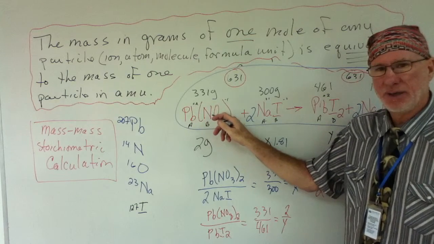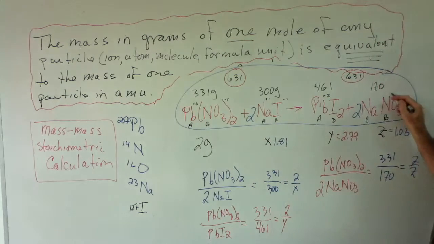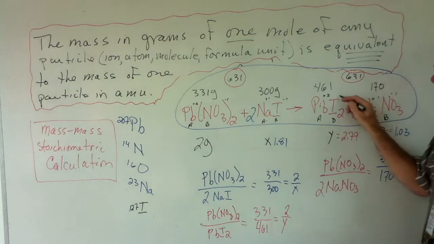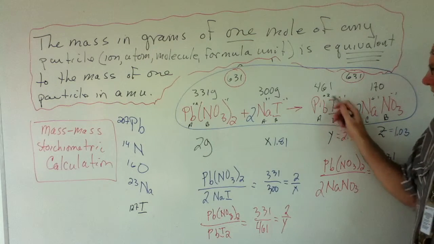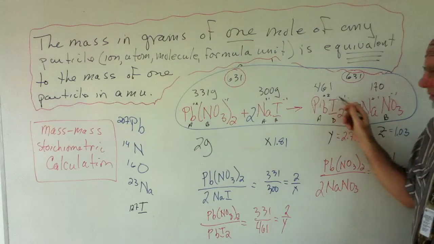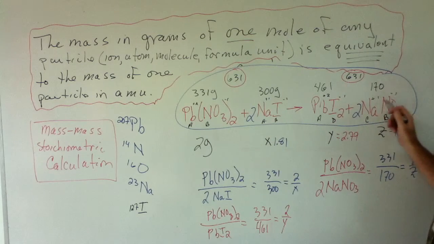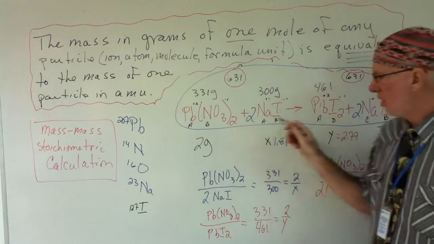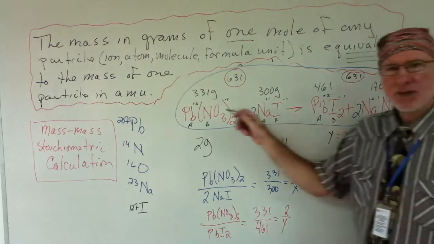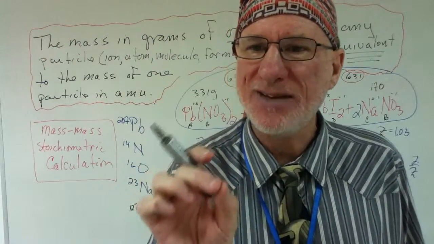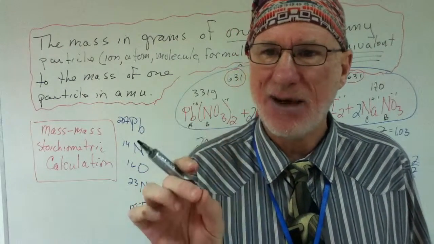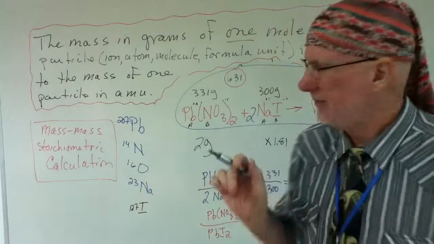This is going to be -1, +1, -1. So I need 2 of these over here, because you have -1 and +2. You have 1 of each here. You don't need this 2 to go along with this. You have to settle these formulas individually by themselves, and then see how it all falls together in an equation.